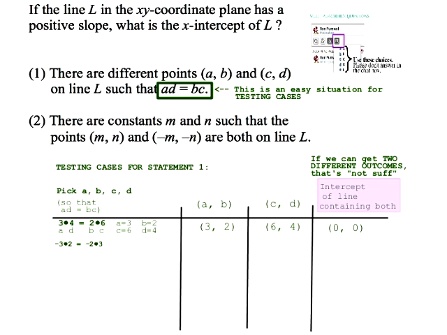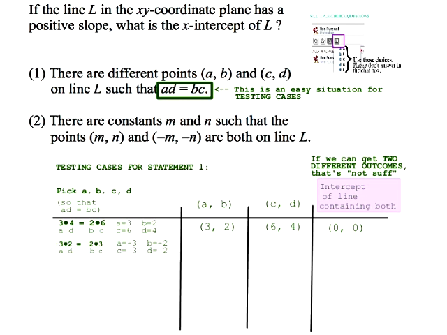So then in that case, that's A and D, and that's B and C. So with those numbers, A is -3, B is -2, C is 3, and D is 2.